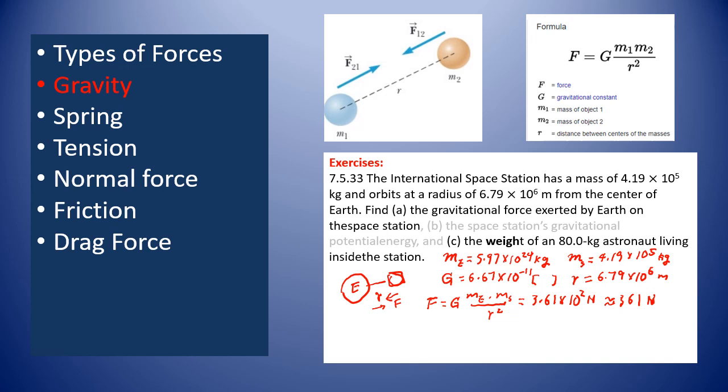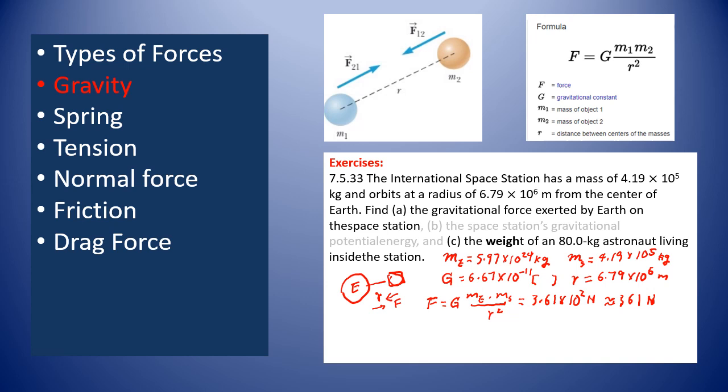Now I have another exercise, 7.5.33. An International Space Station has a mass of 4.9 times 10 to the 5th kilograms. It's like 40 tons in that many kilograms. And it orbits at a radius of 6.7 times 10 to the 6 meters.